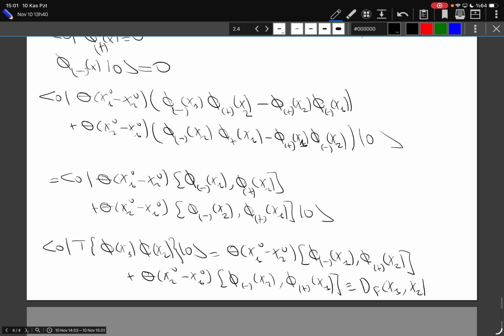I know the form. Well, that time-ordered product will just give me some commutators.